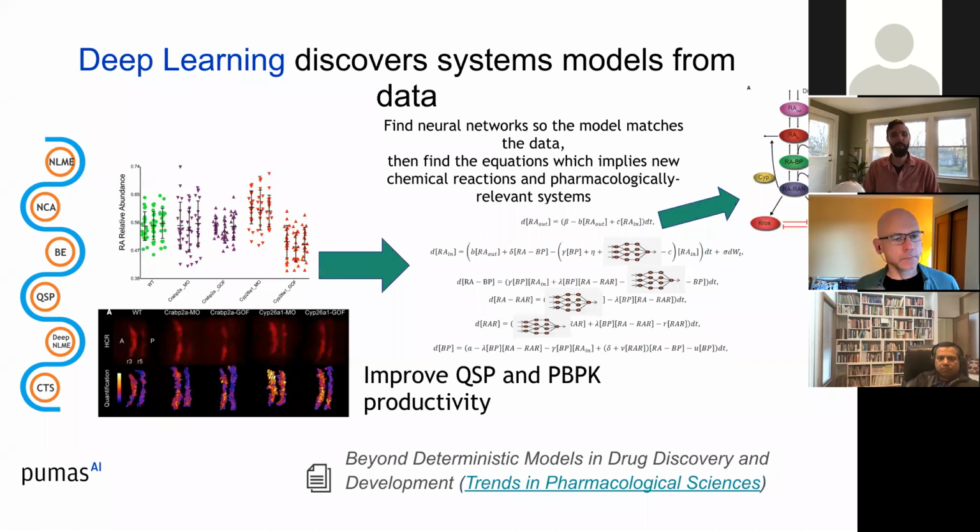Those are the mouthful acronyms QSP and PBPK. And the idea here is simple, right? We know how drugs diffuse, or have some understanding of how drugs diffuse through certain compartments of the body, but we don't have the complete understanding. We have some understanding of how drugs are metabolized through the body. We don't have a complete understanding, but we have some understanding.